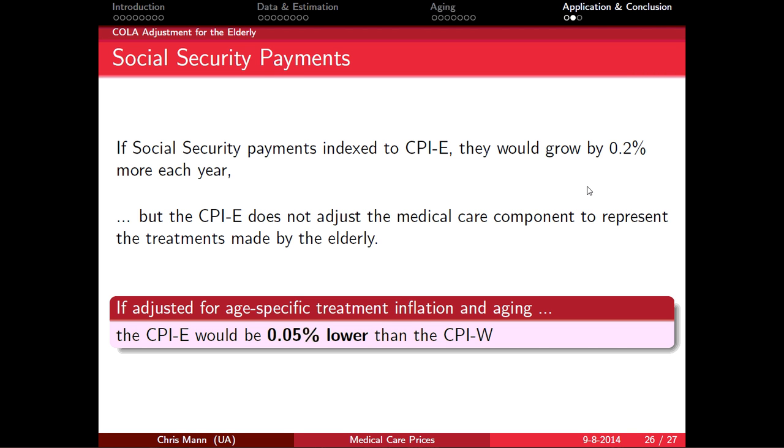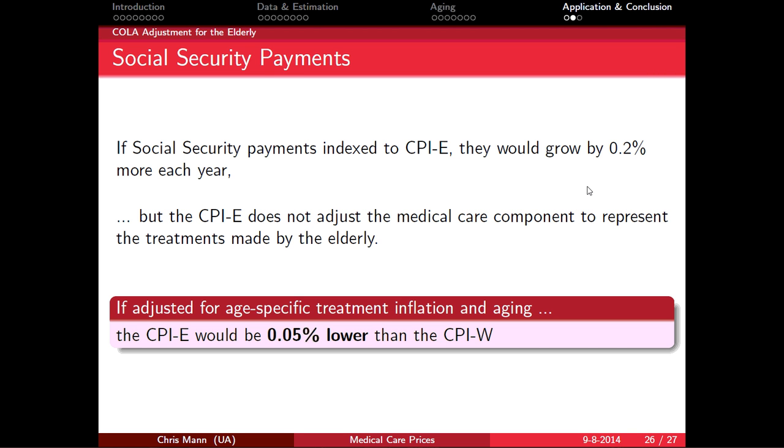Now, this does not mean that I'm arguing that we should be using the CPI for the elderly instead of the CPI for the worker with my aging adjustment, right? Because as I talked about earlier in this presentation, there are a lot of outliers in healthcare spending, right?